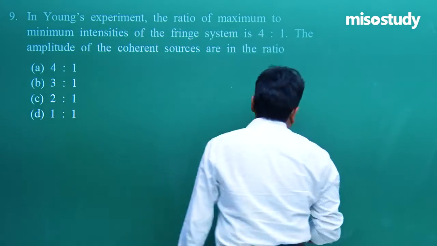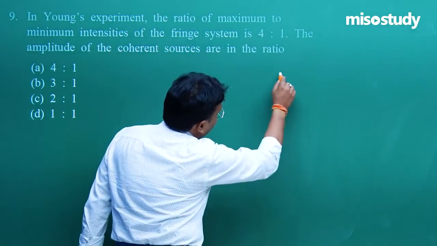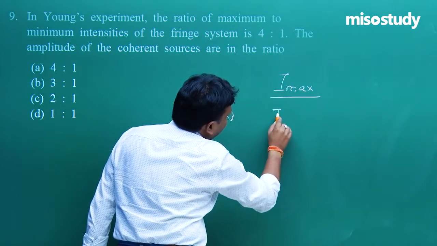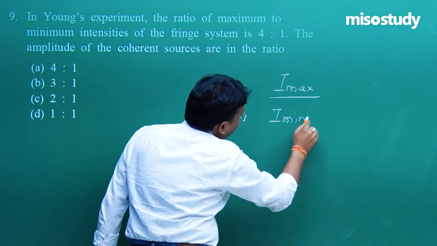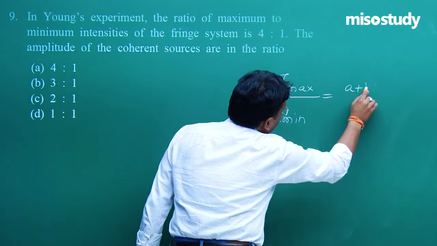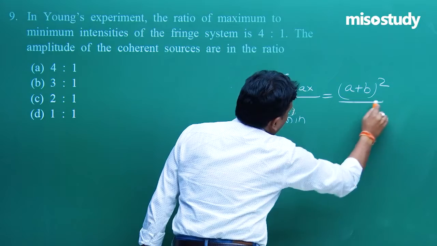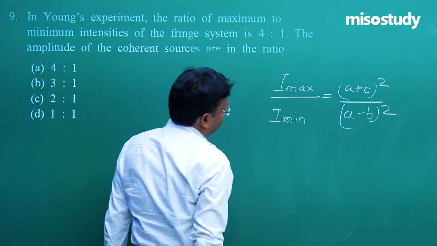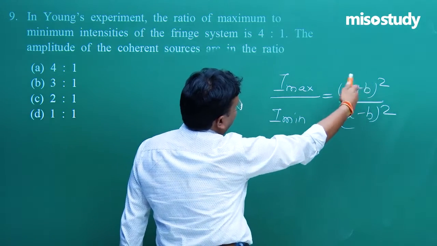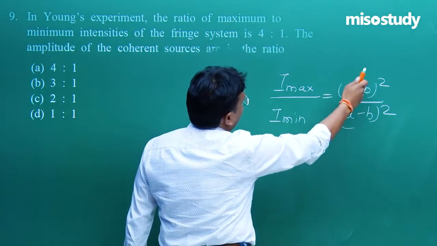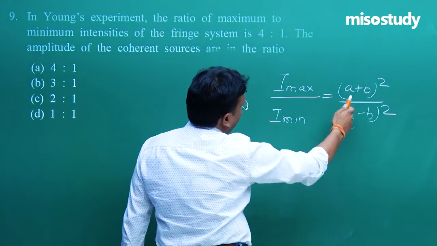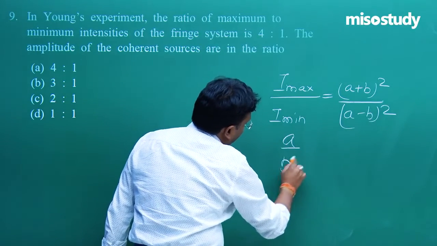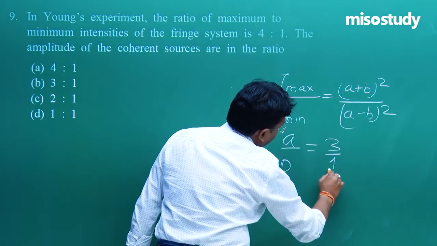Let me write down the simple result: I max upon I min is equal to (A plus B) whole square upon (A minus B) whole square. Once you solve it by the same method, (A upon B plus 1) whole square upon (A upon B minus 1) whole square, you will get A upon B is equal to 3:1.